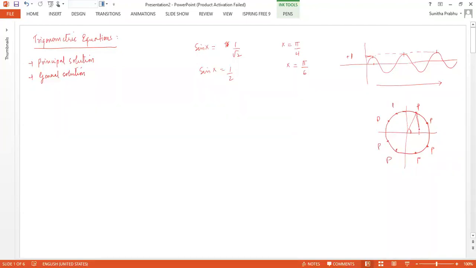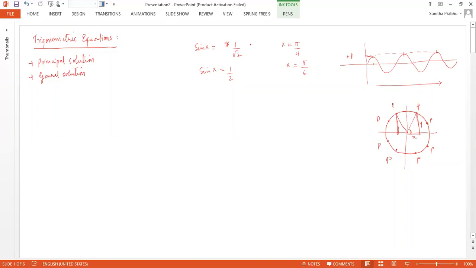So that means opposite side by hypotenuse. This is going to be x, okay? This is going to be y. So as you keep going around this circle, for sine the values are going to repeat, yes or no?